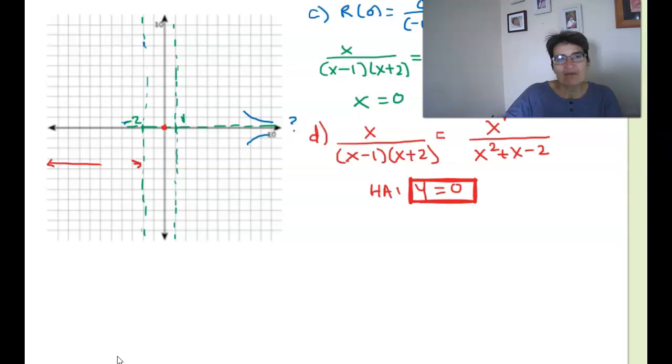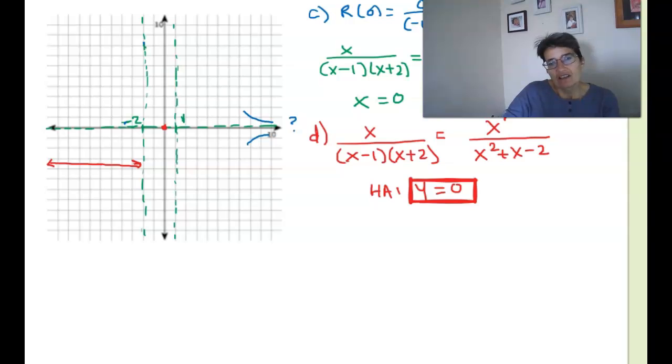And you can do that without calculus if you pick lots and lots of points. For simple functions, with the degrees of the numerator and denominator not very high, it's usually pretty simple. Once they get higher degree, like x cubed, x to the 4th, then you get more turning points, more wiggles, and you have to be more careful.